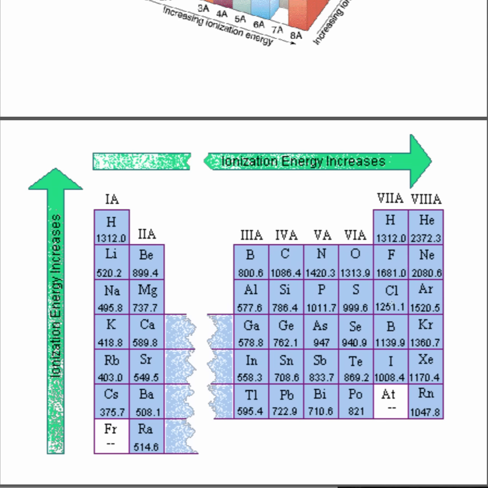The smaller elements have their electrons closer to the nucleus. And being closer to the nucleus, they're more strongly attracted to the positive charge of the nucleus. That's a mistake, that should be bromine. Being closer to the nucleus means they're held more tightly, and therefore it would take more energy to remove the electrons.